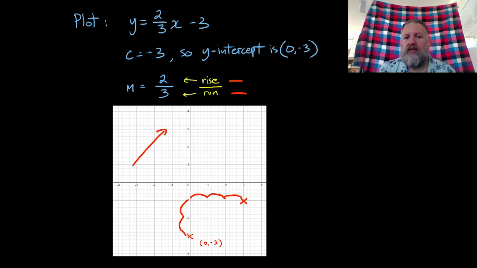This point right here will fit on my linear equation. I then grab my ruler and I can rule in that line. I can then put in my arrowheads, and I can say that this is y is equal to 2/3 x minus 3. And I've just drawn that based on the gradient intercept method.